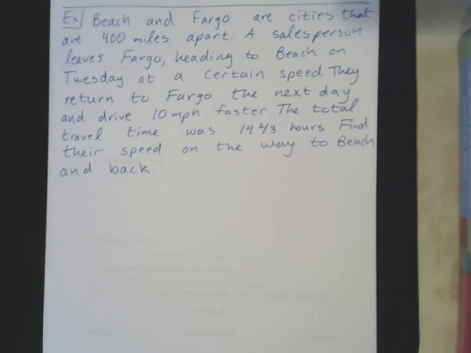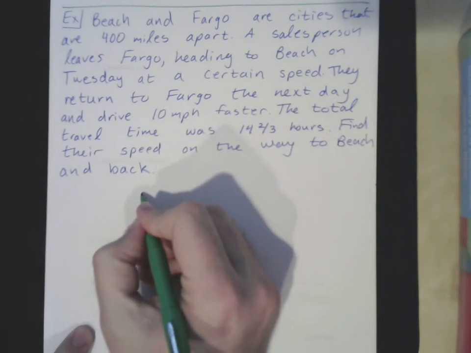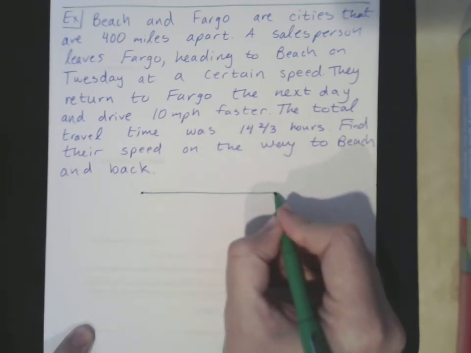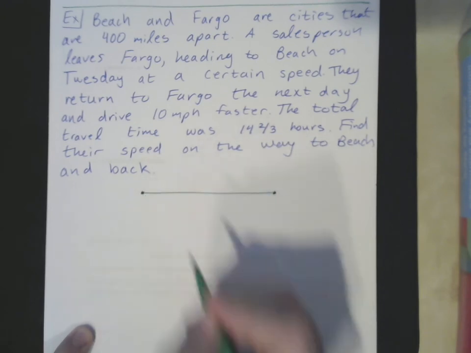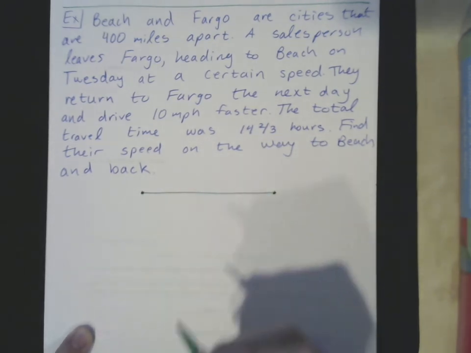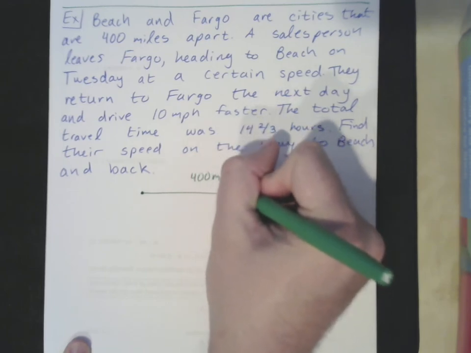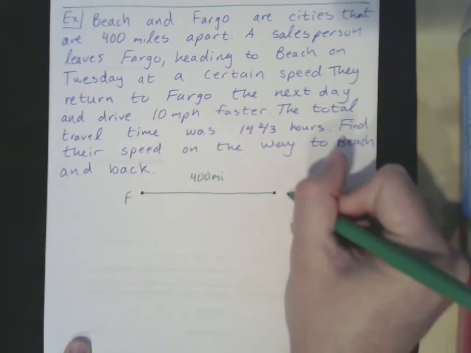So we're going to think of it, because it doesn't tell us otherwise, as a straight shot, and not worry about curves or anything like that. So we know that this whole distance is 400 miles. Let's say Fargo's here and Beach is here.